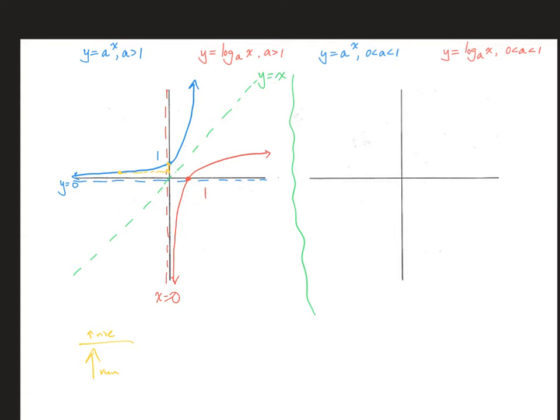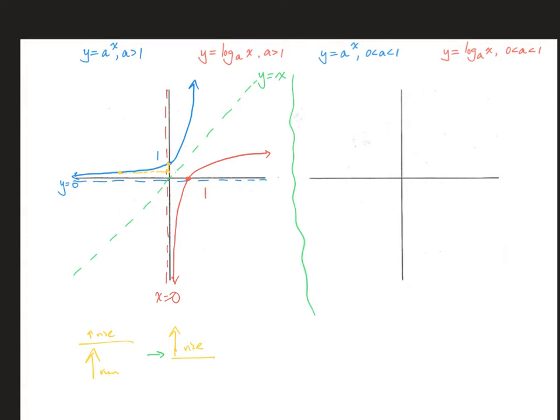Then when I go through and find my inverse, that means interchange your x's and your y's. My large amount of run, which would be the change in x coordinates, would have to translate into a large amount of rise.